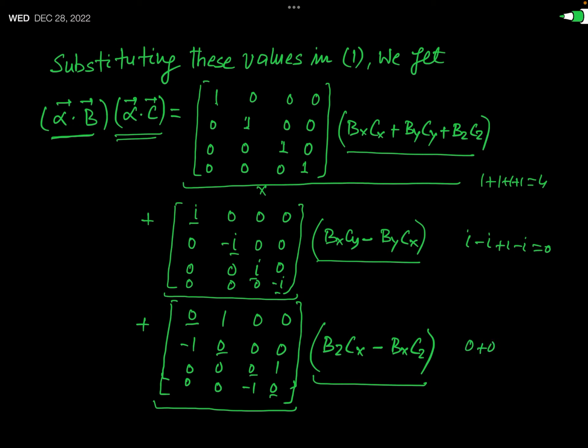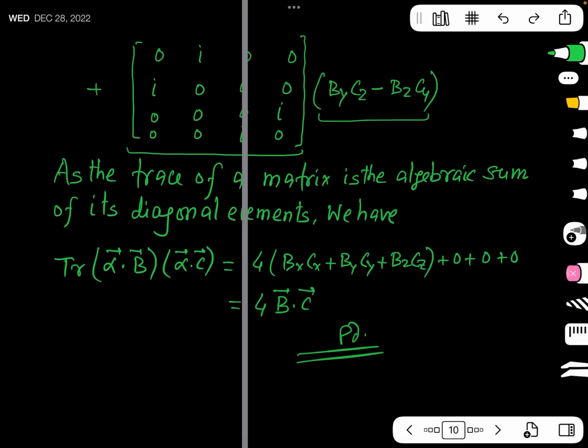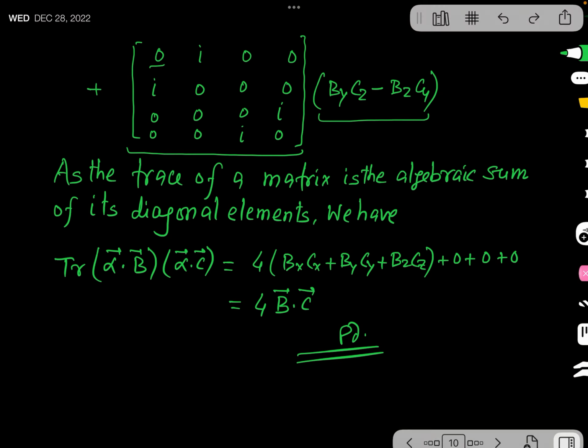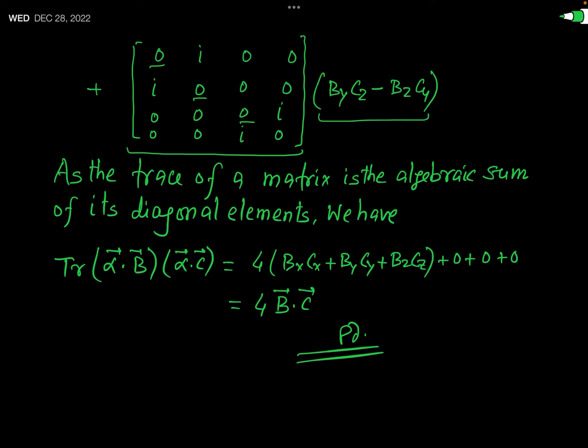So 0 plus 0 plus 0 plus 0 will be equal to 0. And for the last matrix, again the diagonal elements are 0, 0, 0 and 0, so its trace will also be 0.